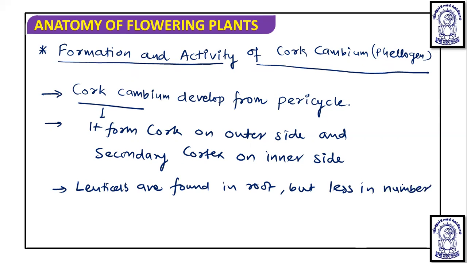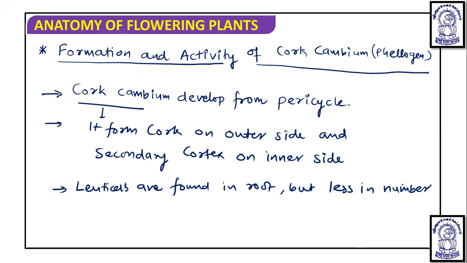And if we talk about the cortex, because the cork cambium is developing from the pericycle, and pericycle is inner to the endodermis while cortex is present outer to the endodermis, the cortex on the outer side completely degenerates in root after secondary growth of 1 or 2 years, and it falls down due to the pressure of the cork which is developing.